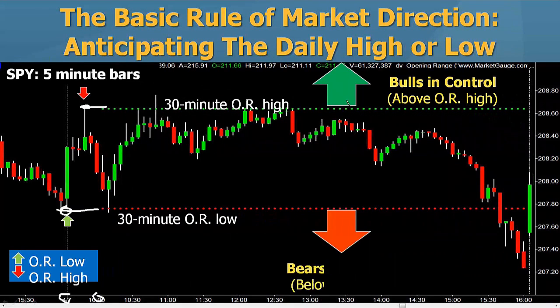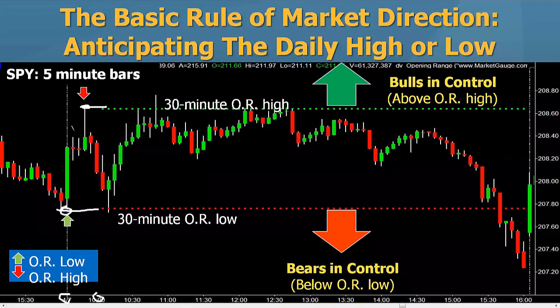All right? So the basic concept behind this is that when the market opens, it kind of resolves or battles with all the news that may have come out overnight. It's also a time when people are trying to establish their positions for the day.